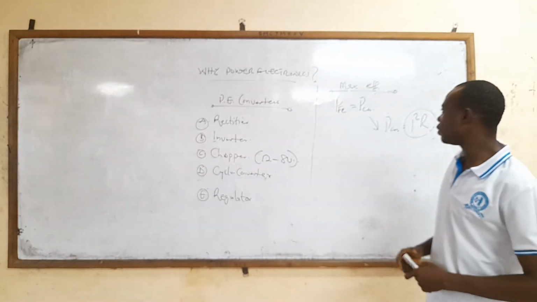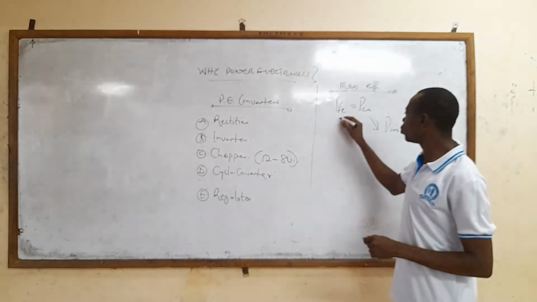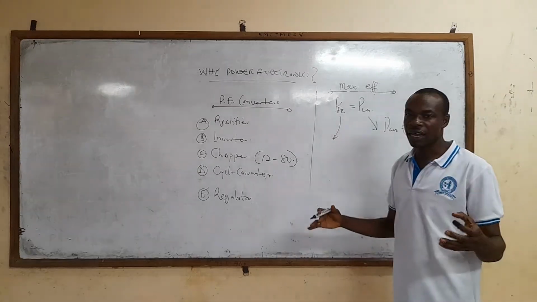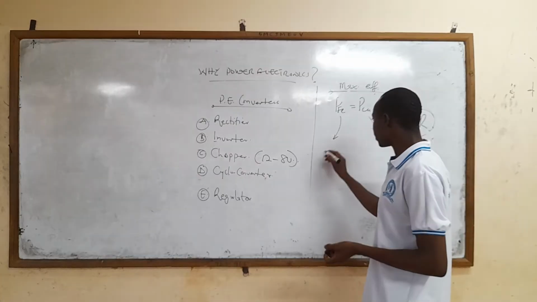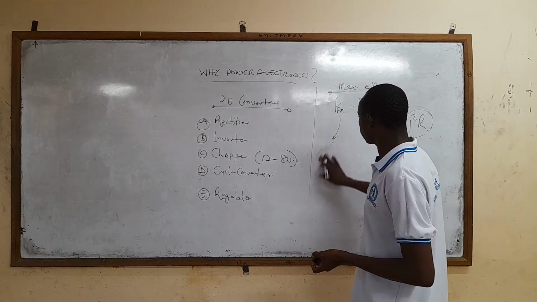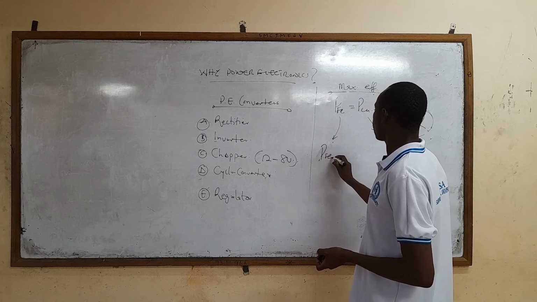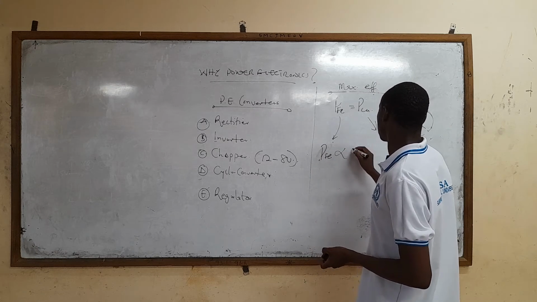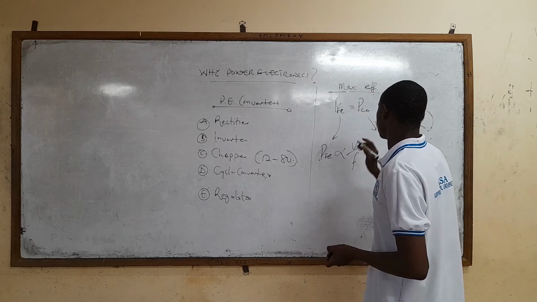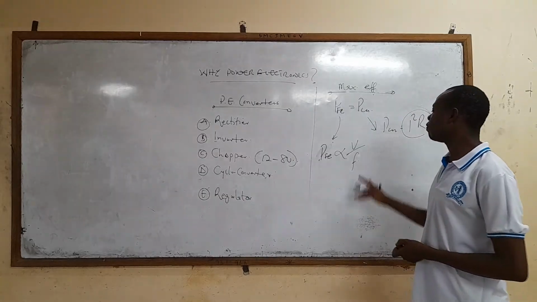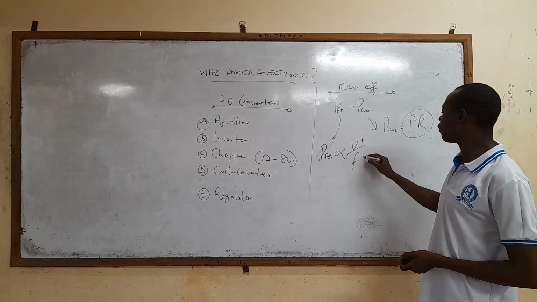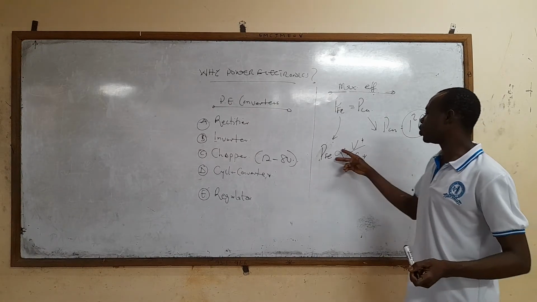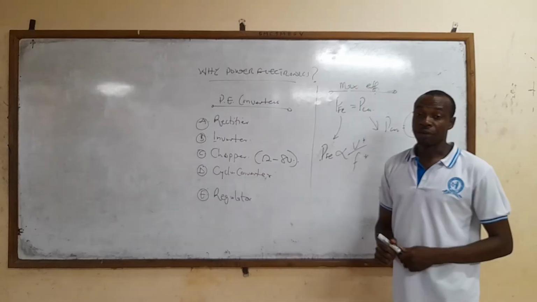So how do we achieve that? Definitely, we should be able to know the conditions that come together to give us our iron loss. So now, we all know that iron loss is always proportional to the voltage and the frequency. So, if I'm able to change the voltage and the frequency, I'll be able to change the iron loss.